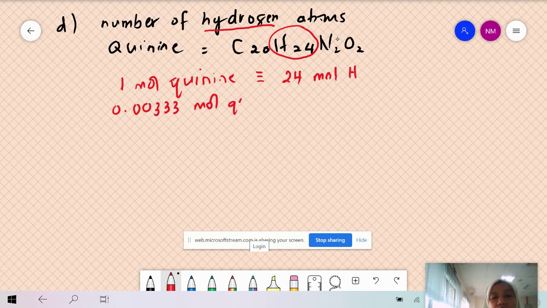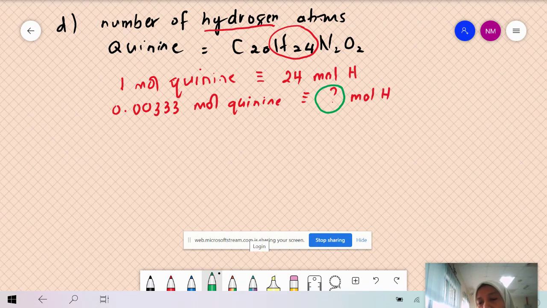You need to calculate this, and now you can calculate the number of mole of H. When you get this answer, is our problem solved? No, not yet, because we want the number of hydrogen atoms.